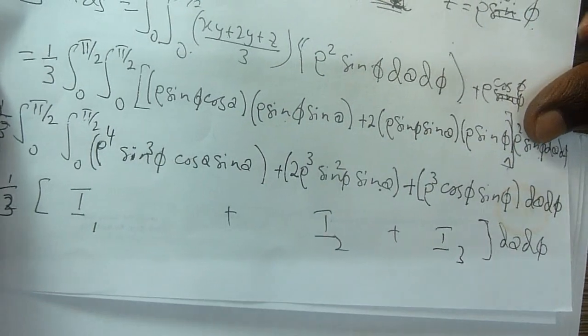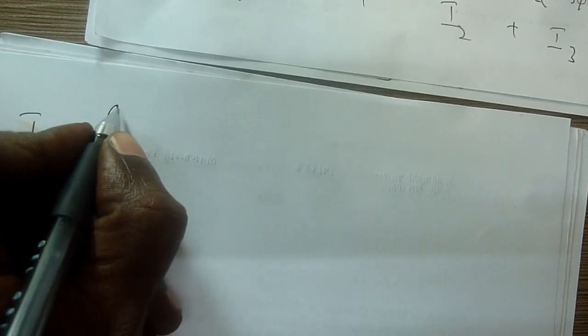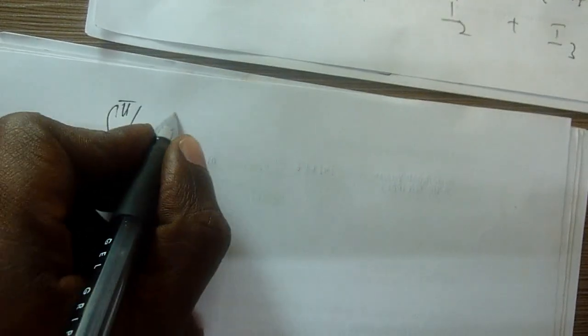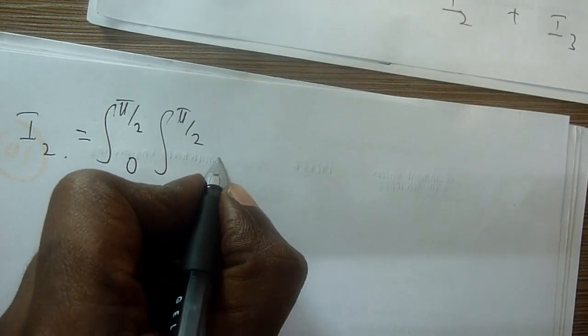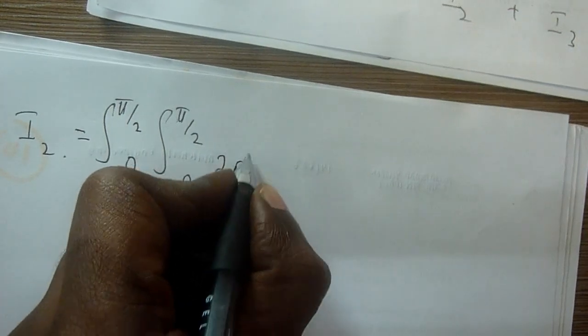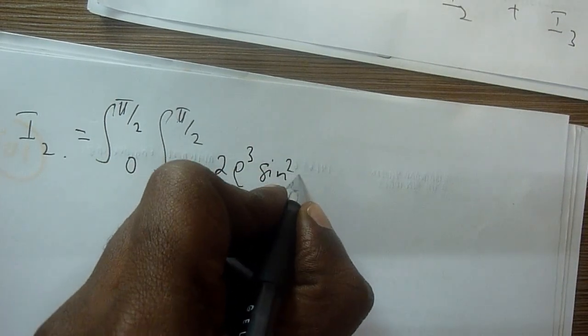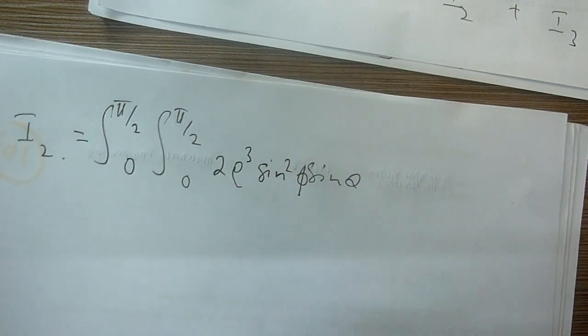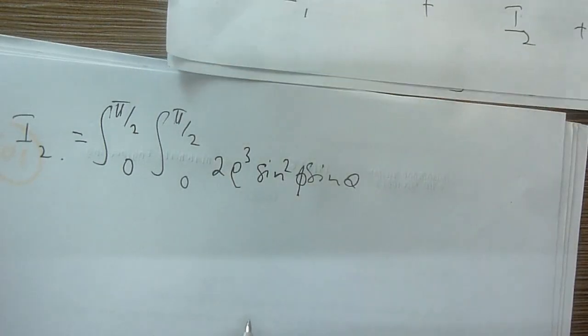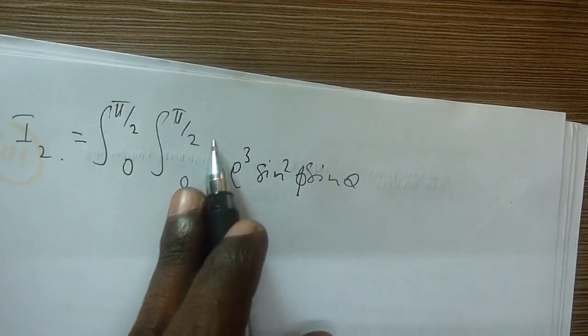The next one that we are interested in here is to solve this: the integral from 0 to pi over 2 of 2 sine 2 phi sine theta. Can you do that? Can or not? Is it simple? Again, you bring the whole thing.